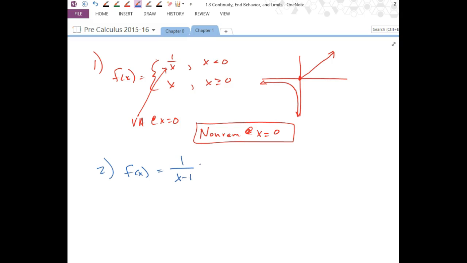What is the one thing you can't divide by? Whoops, I totally almost said the answer. Divide by 0, right? So any x value that would make the denominator 0 causes points of discontinuity. So what's the value that causes that discontinuity? x equals 1. Now you have to decide, is it a vertical asymptote or is it a hole?